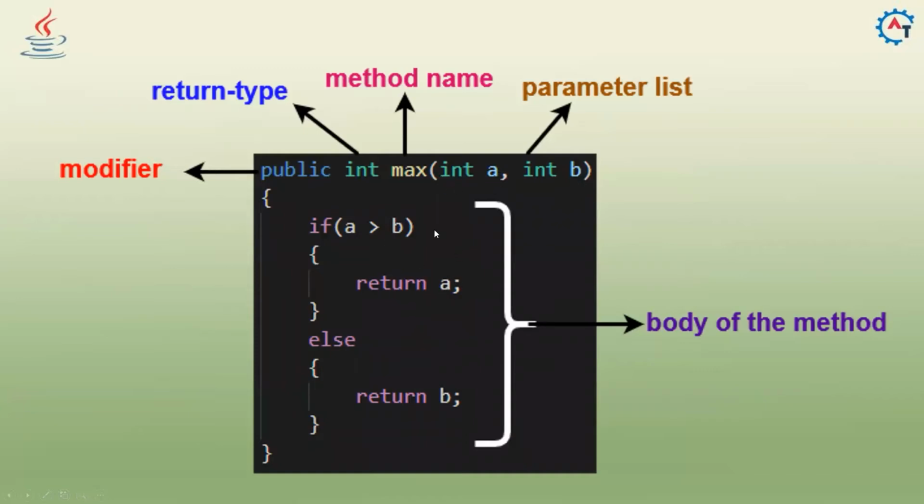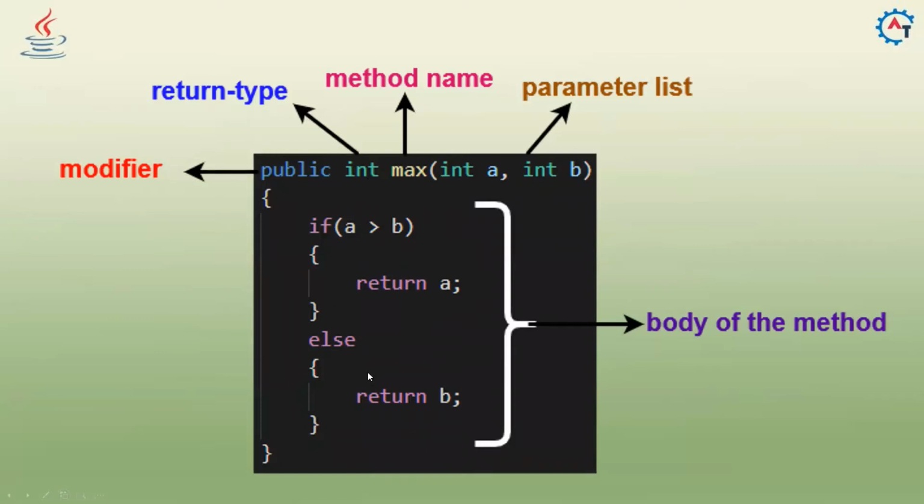So once it executes this set of code, it gives me an integer back, and you need to mention in the method that after executing this code, I am getting the output in the form of an integer. To mention that, you write the return type.